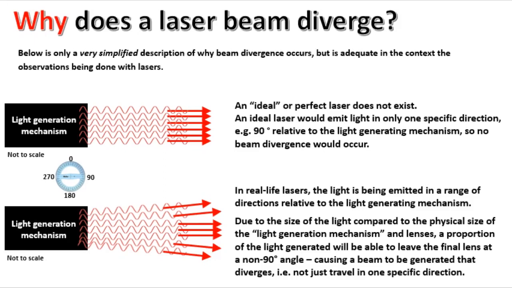In real-life lasers, the light is being emitted in a range of directions relative to the light generating mechanism. Due to the size of the light compared to the physical size of the light generating mechanism and lenses, a proportion of the light generated will be able to leave the final lens at a non-90 degree angle, causing a beam to be generated that diverges, or not just travels in one specific direction.